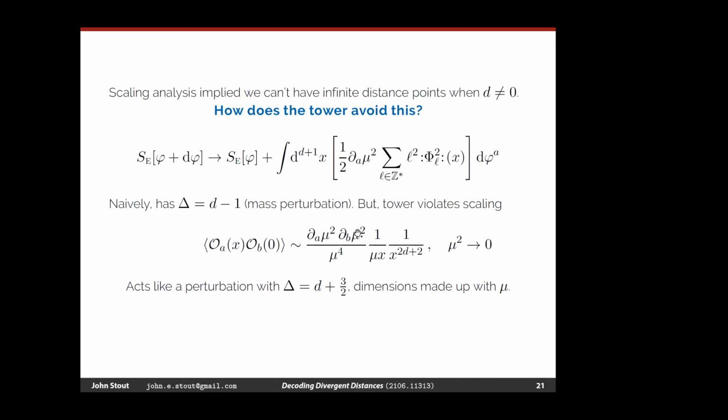The fact that you have this tower allows the effective operator dimension of this tower to be different than what a scaling analysis would imply. You find that instead of scaling like a mass perturbation, it actually scales with some weird d plus 3/2, and all of the dimensions of the operator are soaked up by the mass spacing.